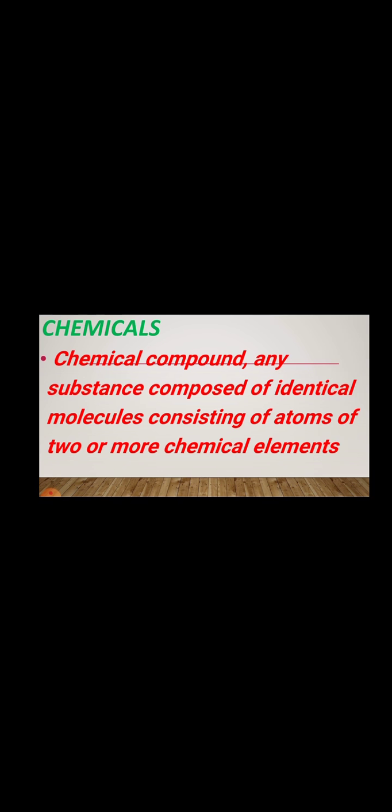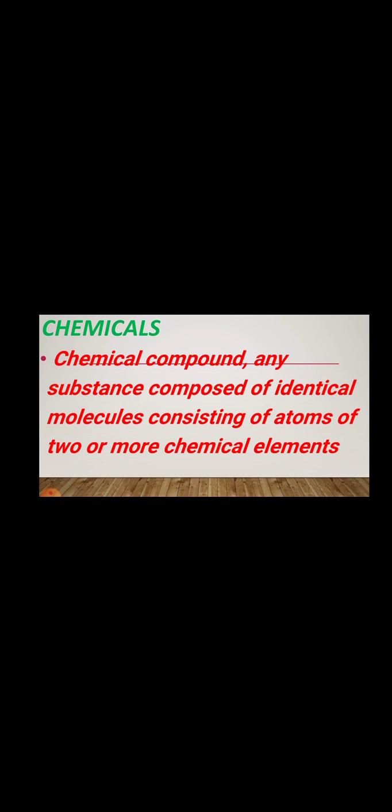In other words, if elements lose their identity when they form the new thing, this is called a compound. And the process in which elements combine chemically and lose their identity, their nature, their composition, is called a reaction.